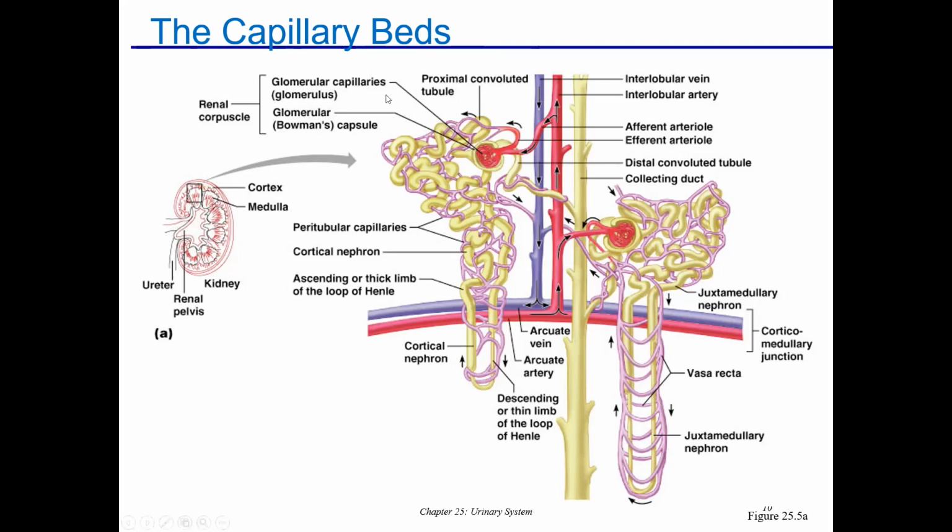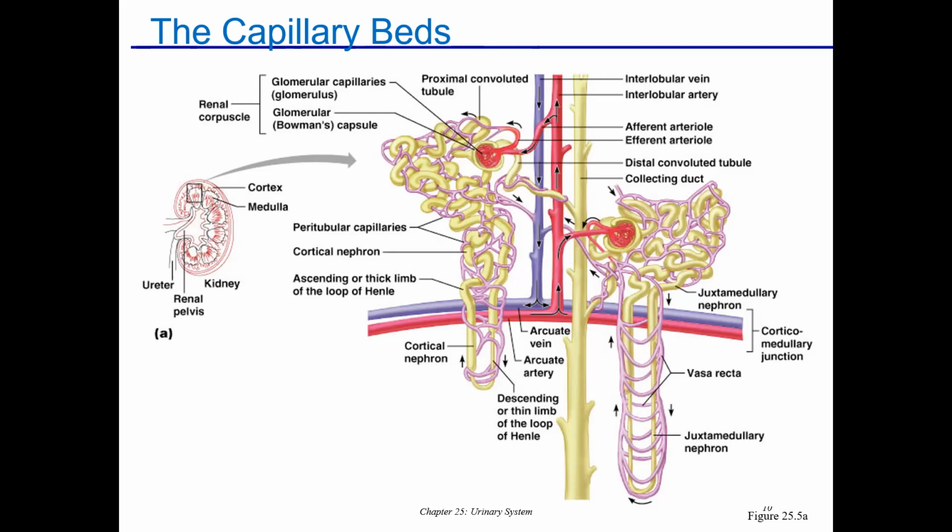But we see we have these peritubular capillaries that surround both the proximal and the distal tubule. And we have what are known as the vasa recta, the capillaries that surround the loop of Henle, because the loop of Henle is going to be busy recovering about 30% of the water.